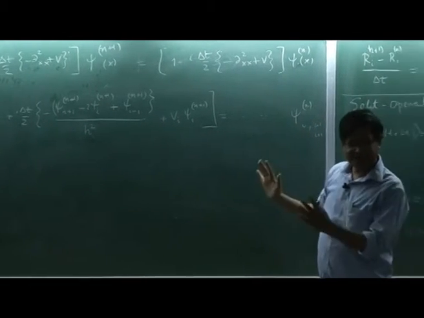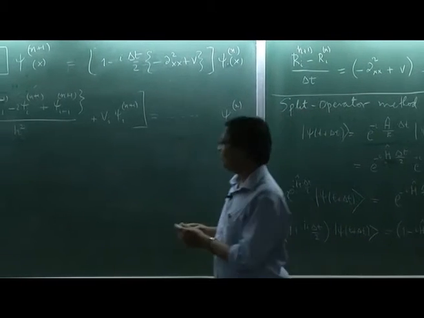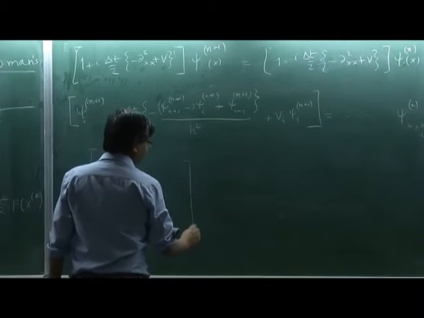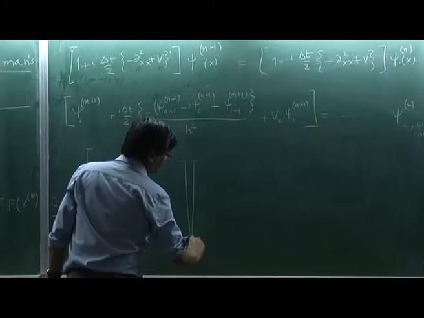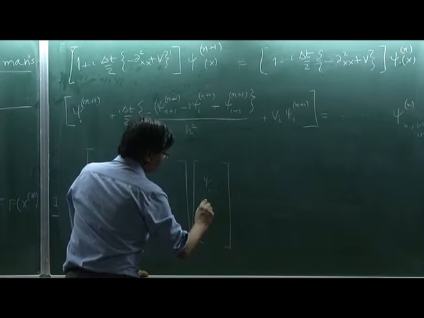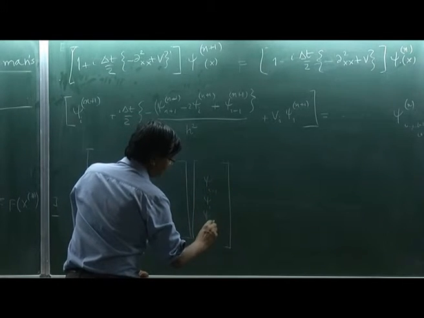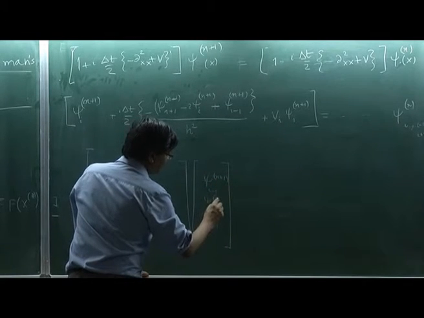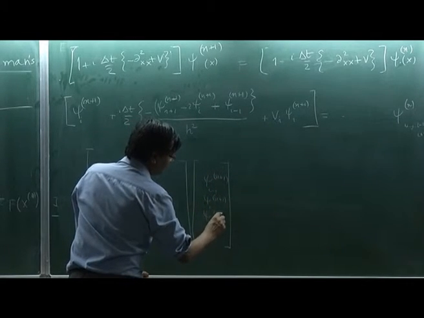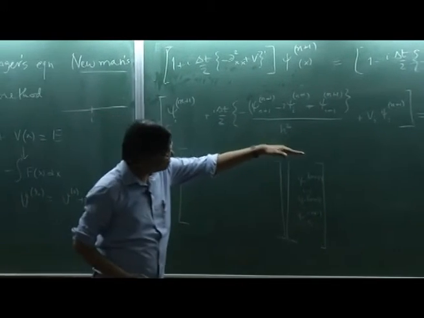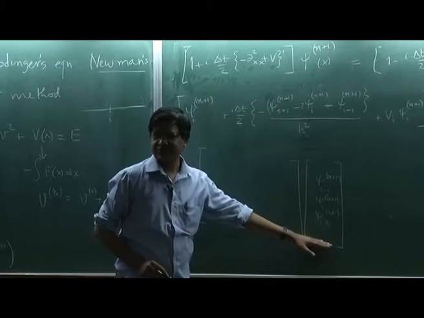So this becomes a matrix. If you write it as a matrix, you will see terms like ψ(i−1), ψ(i) and ψ(i+1) at n plus 1 time, which is unknown. It starts from ψ0 and goes all the way up to ψ(n−1).